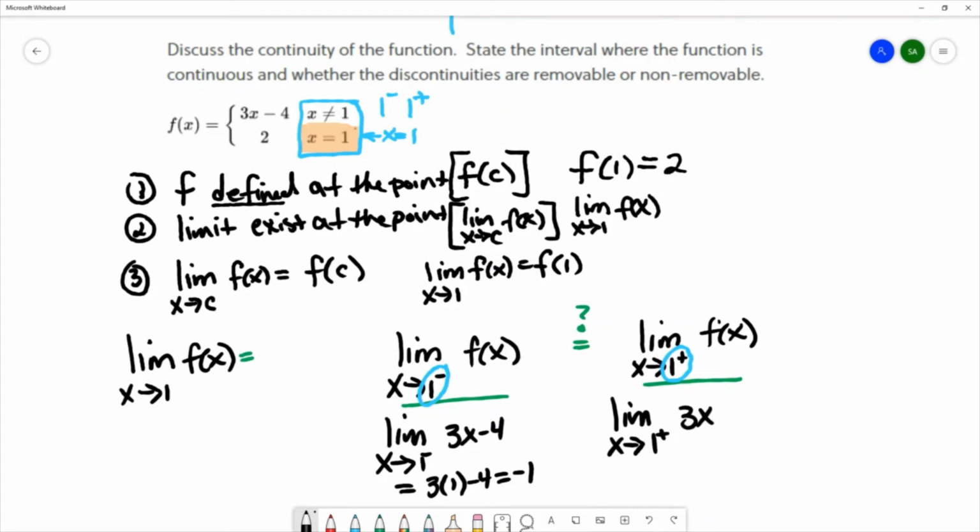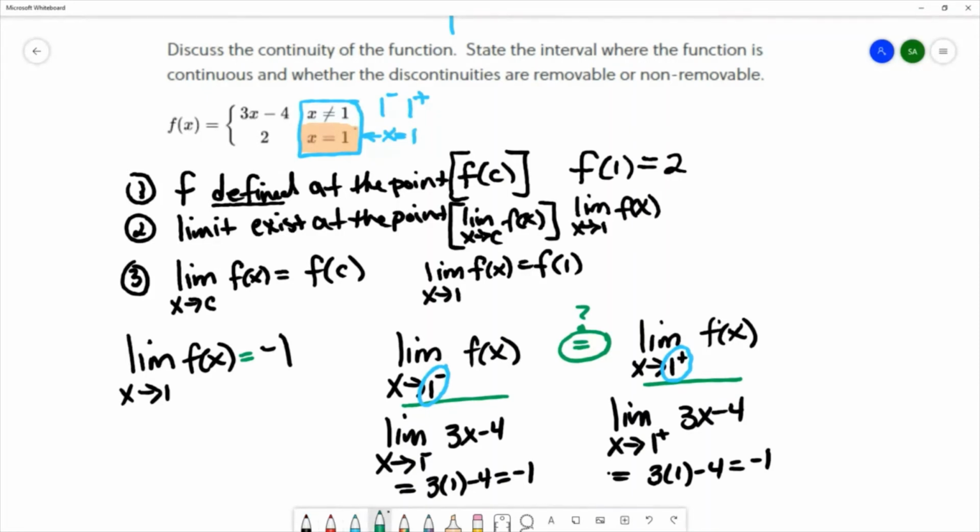We're using the first equation based on the conditions. We'll solve this with direct substitution: 3 times 1 minus 4. We get negative 1 again. So because the one-sided limits do equal each other, that means the overall limit is equal to negative 1.